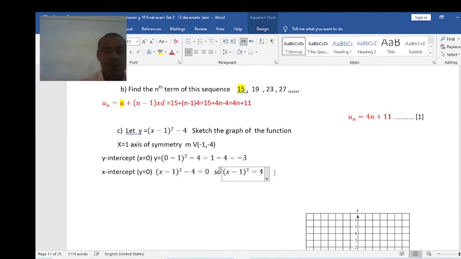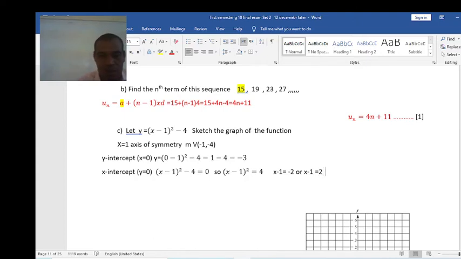So now we take the square root. So x minus 1 equals plus or minus 2, so x minus 1 equals 2 or x minus 1 equals minus 2. Now solve.